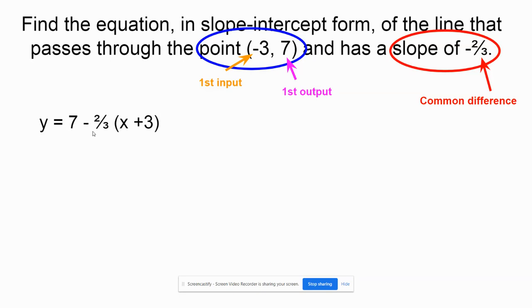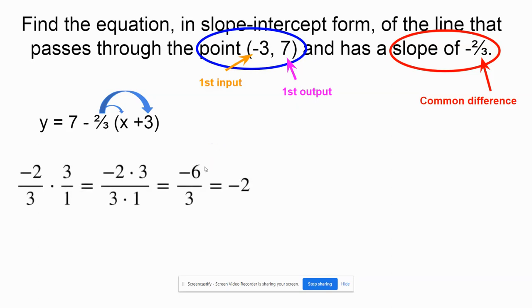From here, I'm going to distribute this negative 2/3. I have to multiply it by x, and I have to multiply it by 3. So the first thing I'm going to look at is negative 2/3 times 3. I have it set up for you here. I have negative 2/3 times, technically, 3 over 1. And since I'm multiplying two fractions, I'm going to multiply numerators and multiply denominators.